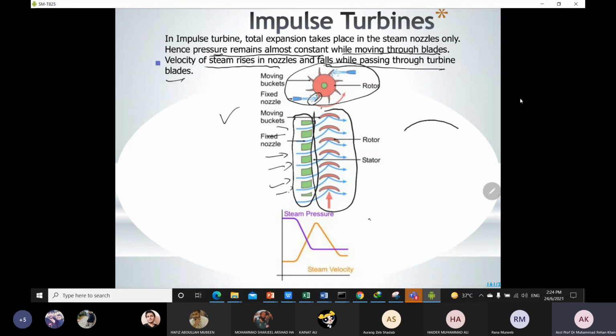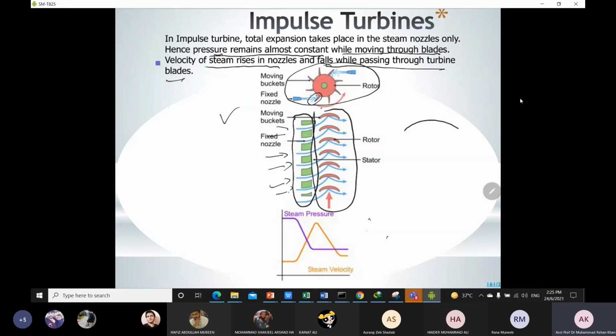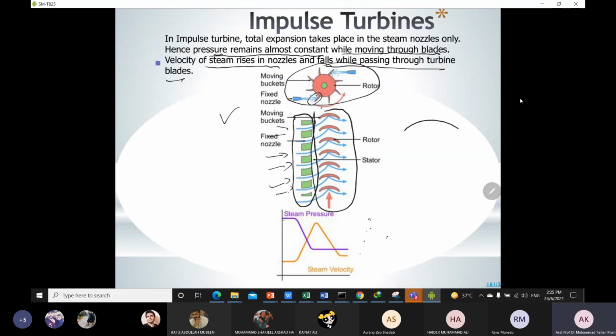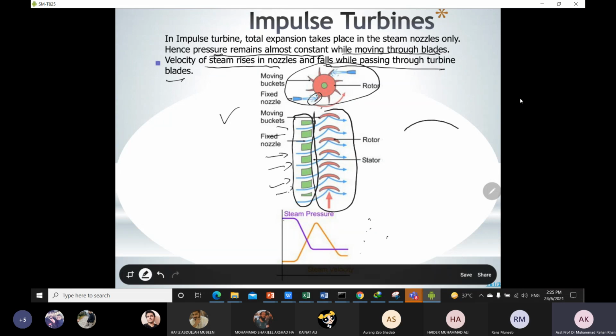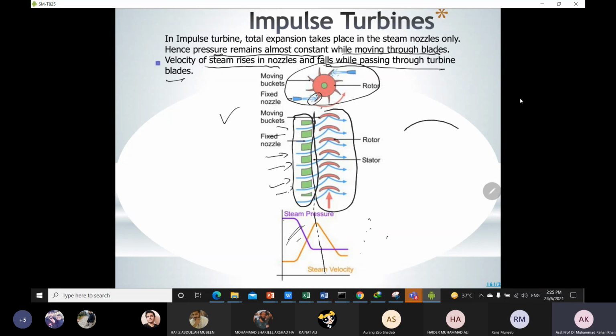So we will see the pressure and steam velocity graph for the impulse turbine. There is a steam pressure line and a steam velocity line. This area is basically the nozzle, and this is the moving blade, as you can easily find out from the figure.